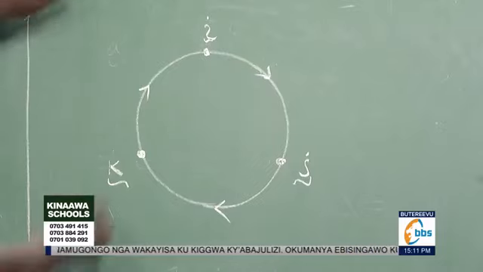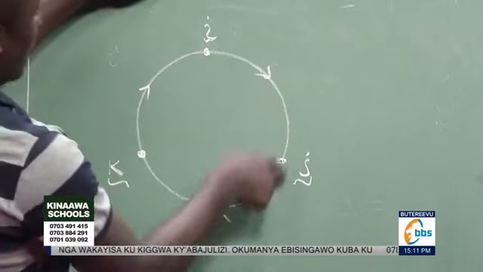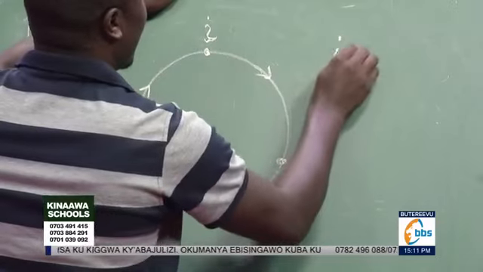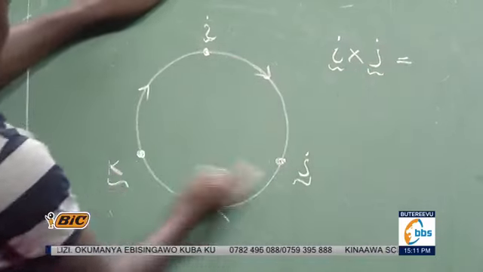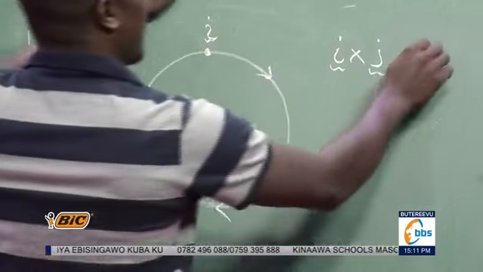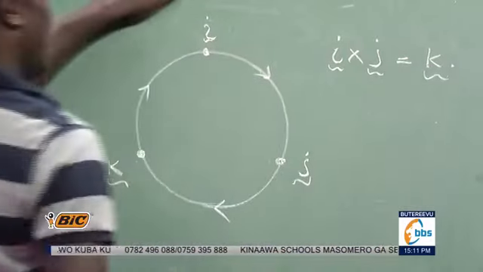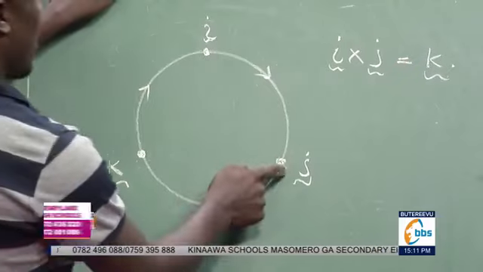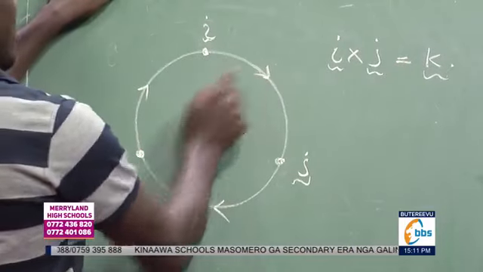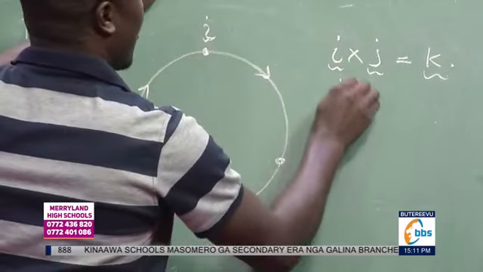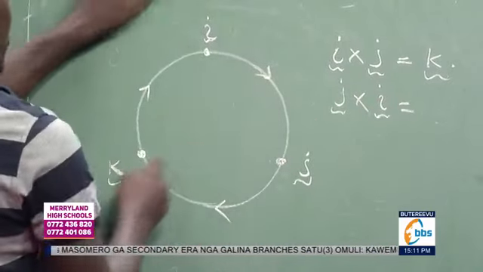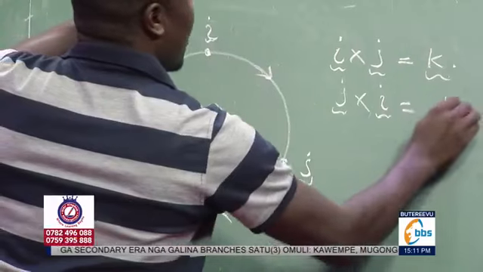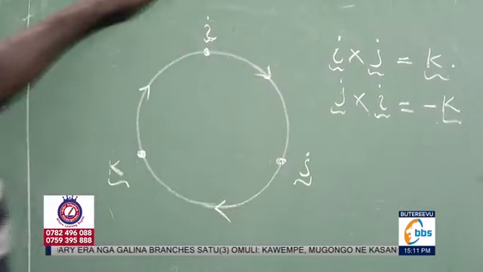So if I want, for example, I cross J, then that is going to give me K. Then if I want J cross I, I'm opposing, so it is going to give me K, but the K is negative.